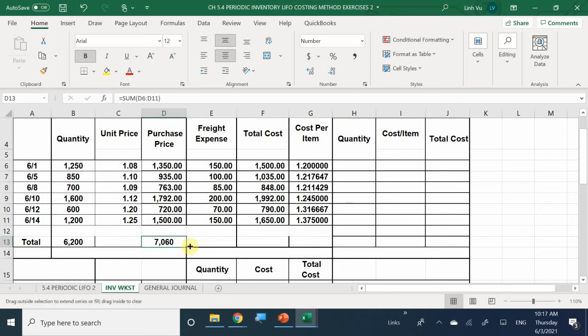So then what is going to be my total freight? 755. Right? Bringing my grand total. The quickest way to get your grand total could be the 7,060 plus the 755, or if you have Excel, you should be able to sum these up pretty easily.